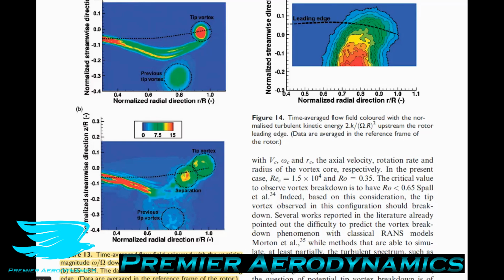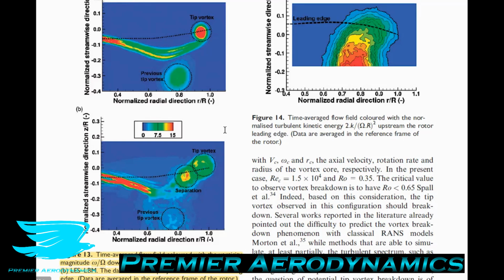So that means for the URANS situation, there is more potential for there to be noise, whereas for the LBM method, there's less potential, because this vortex is already broken down by the time it's reaching another blade. So that's where the noise prediction could be very different.